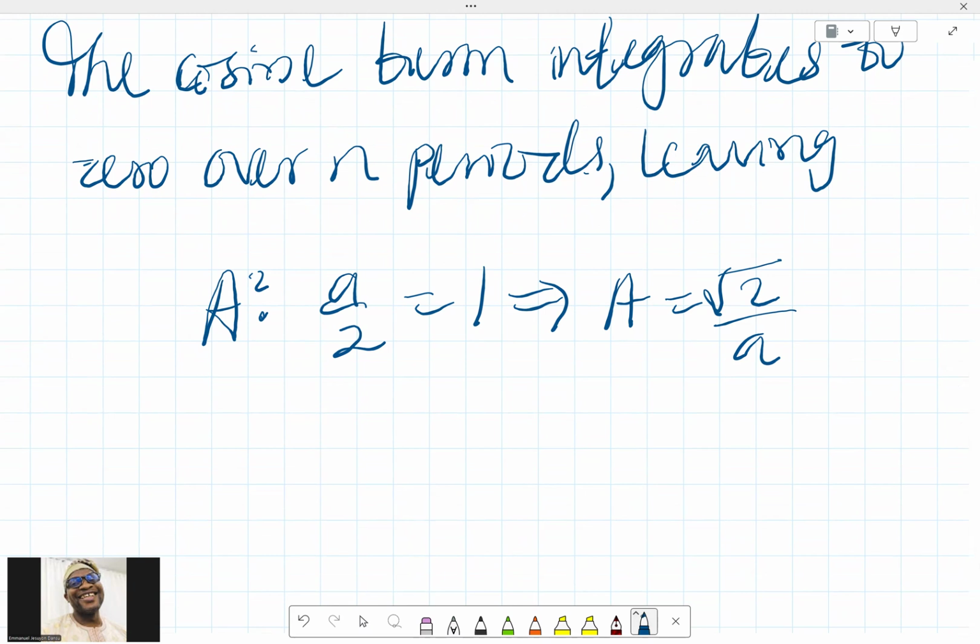Then we'll take the square roots. So the square root should cover everything, because if you look at this 2 over a, it's better to have the square root covering everything.